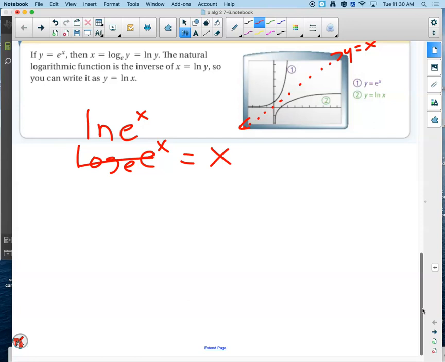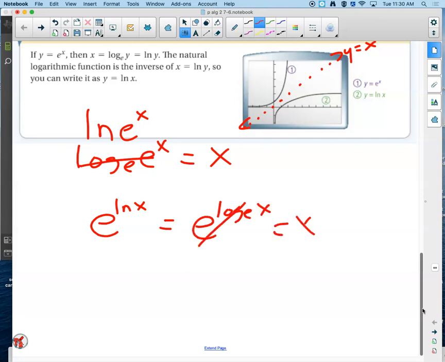And we get x. Now, if that looked weird to you, try this one. What does that say? It says x, because this is e to the logarithm base e of x.